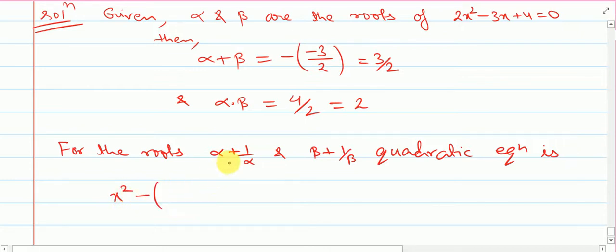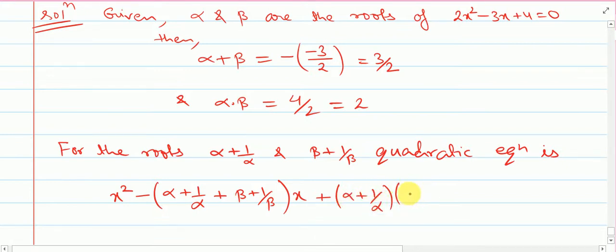So here my roots are these two. So I'll write alpha plus 1 by alpha, then plus beta plus 1 by beta. I didn't put these two separately in brackets because you can see all plus plus plus signs are there. Then plus product of the roots. So I should write alpha plus 1 by alpha and here beta plus 1 by beta is equal to 0.